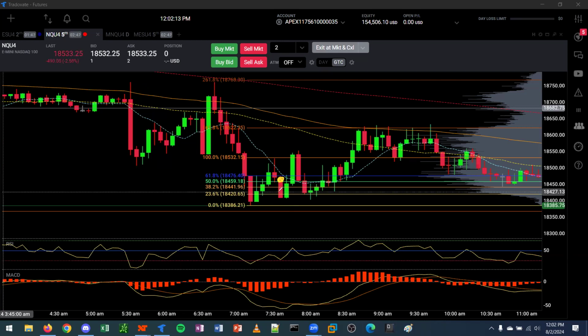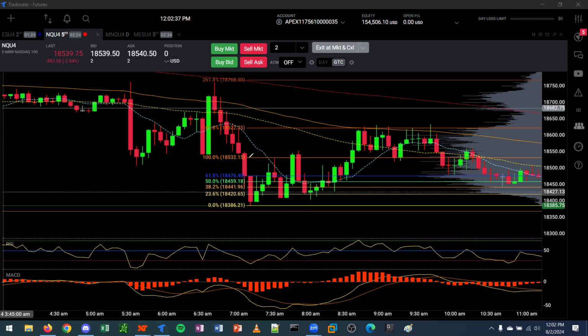You only had the fib working for you. You had the moving average working against you. You had RSI working against you. It wasn't fully developed yet, the RSI. MACD is still bearish right here because it's still apart. No, good explanation. I appreciate that.